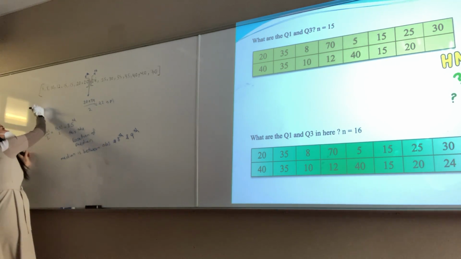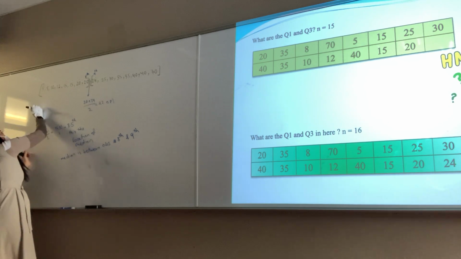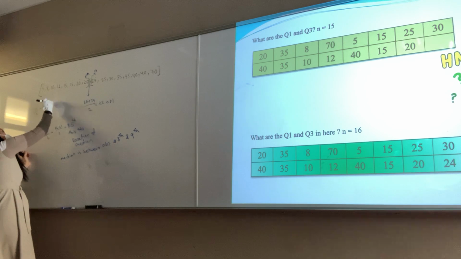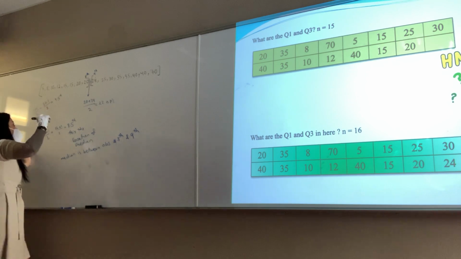Well, actually give me the number of observations you have in this data set. 8. Okay. n plus 1 divided by 2 is 8 plus 1 divided by 2 is 4.5. Well, this example is more tricky.